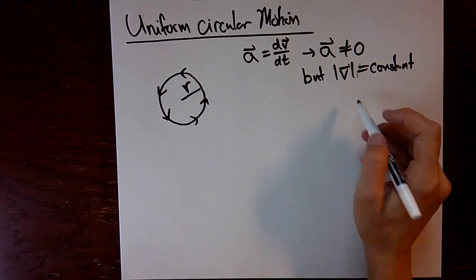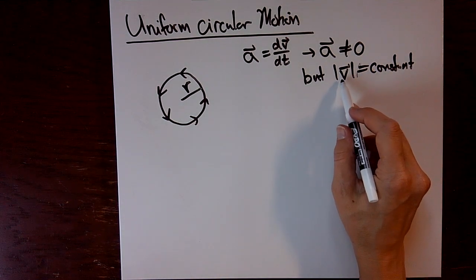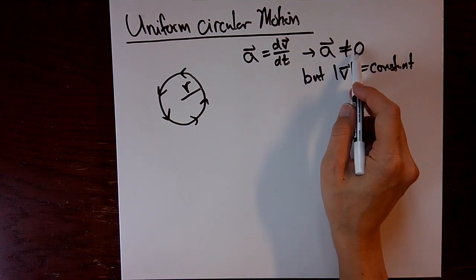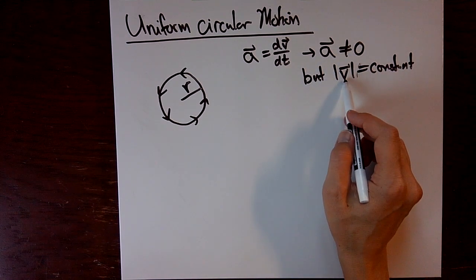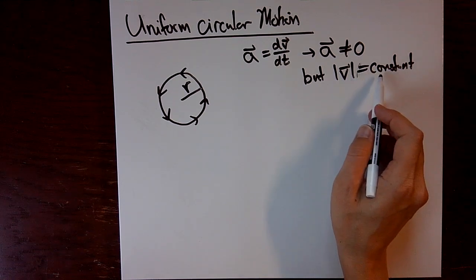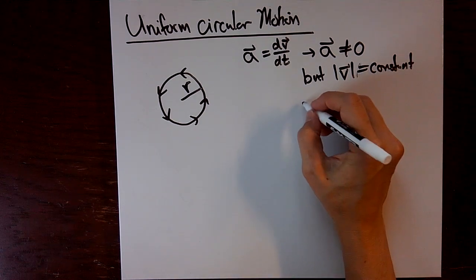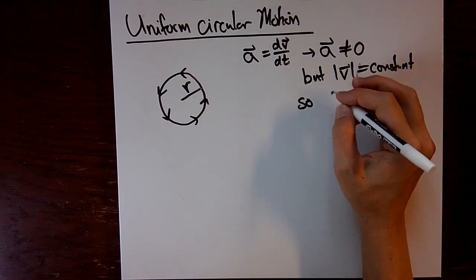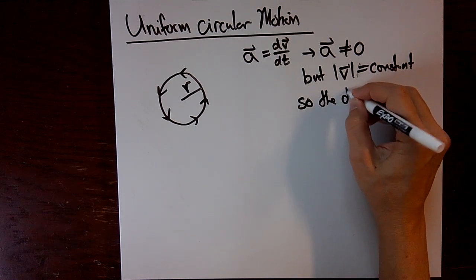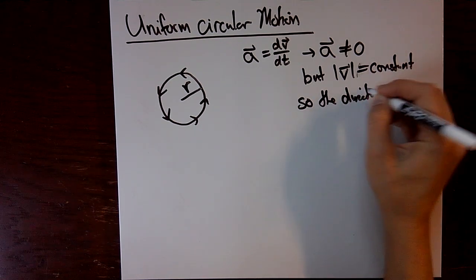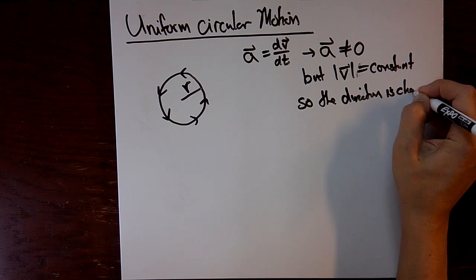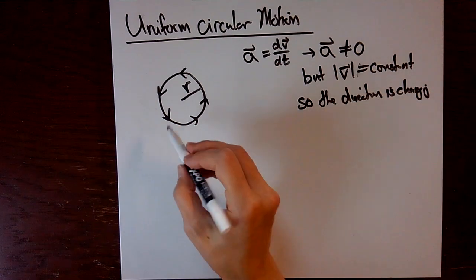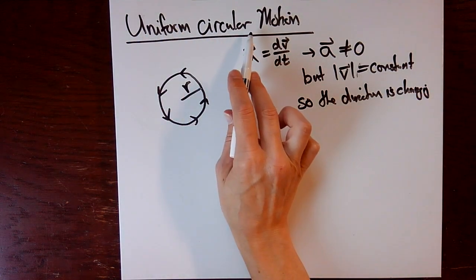It seems like maybe that should be impossible, because of course if acceleration isn't zero, that means the velocity is changing, but if the speed is constant, that must mean the direction is changing. And that's what's going on here with uniform circular motion.